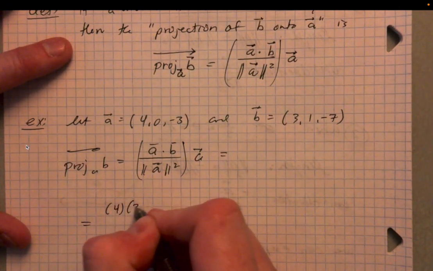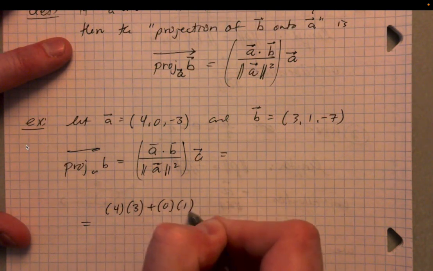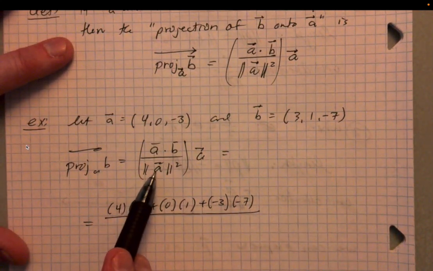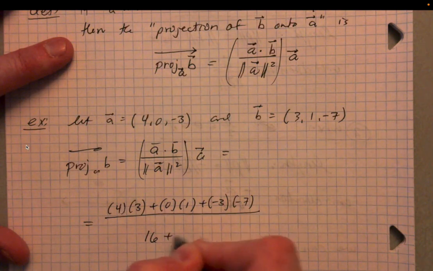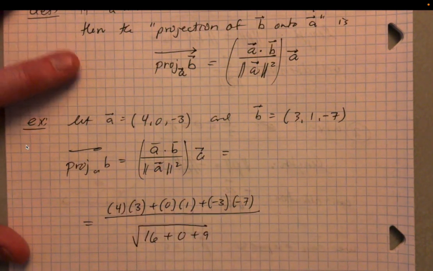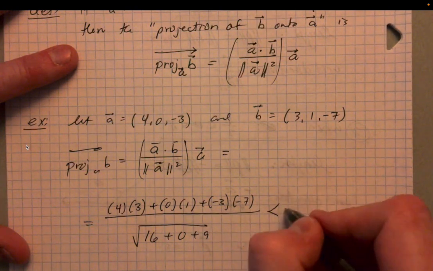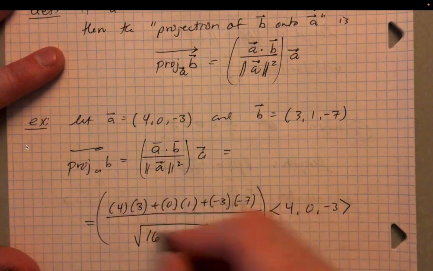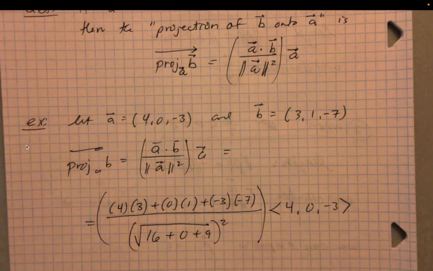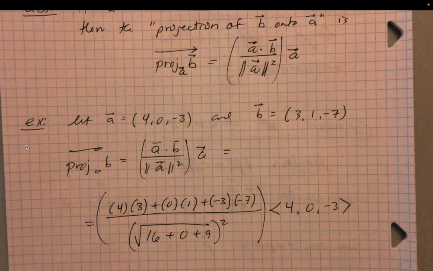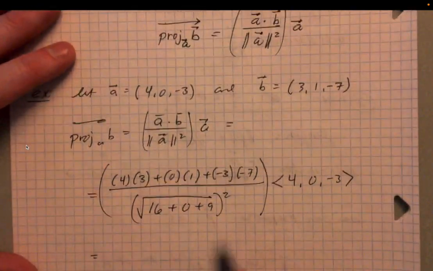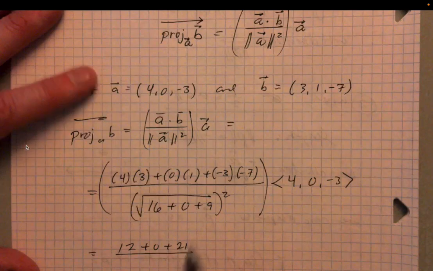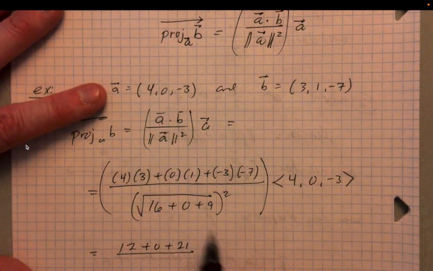That's 4 times 3 plus 0 times 1 plus -3 times -7. What's the norm of A? That is the square root of 16 plus 0 plus 9. And then you've just got A, which I'll write like this, (4, 0, -3). Oh, we can't forget to square this down here. So that's how you would calculate the projection of B onto A. And so what do I get? I get 12 plus 0 plus 21 over the square root of 25, squared.